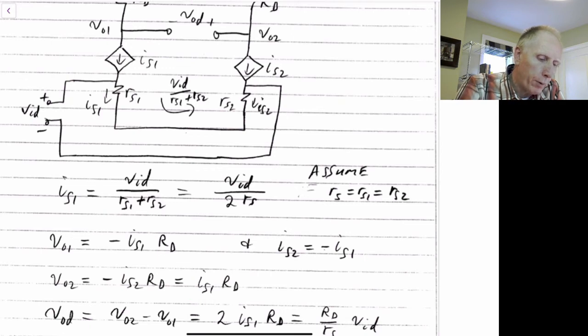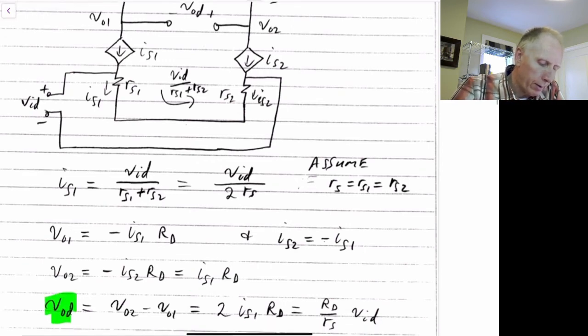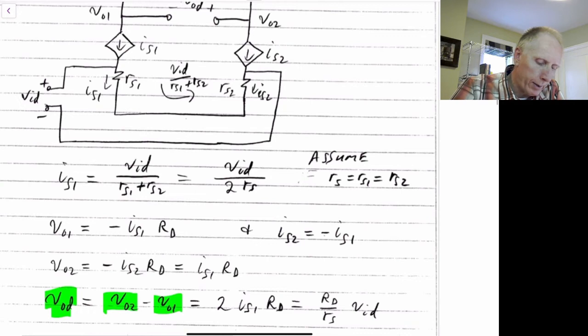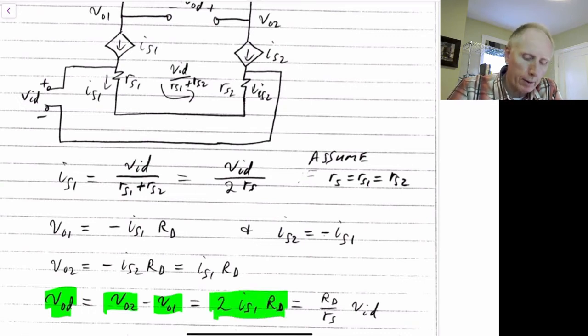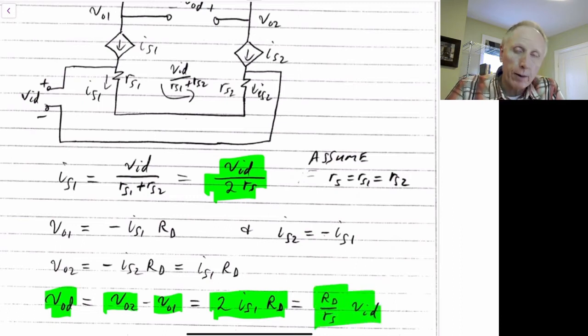So finally, the output differential voltage is VO2 minus VO1. If we subtract those two, we end up with 2 times IS1 times RD. Remember that IS1 is equal to VID divided by 2RS. So we end up with this final result here, that VOD, the differential output voltage, is equal to RD, the drain resistance, divided by RS times VID.